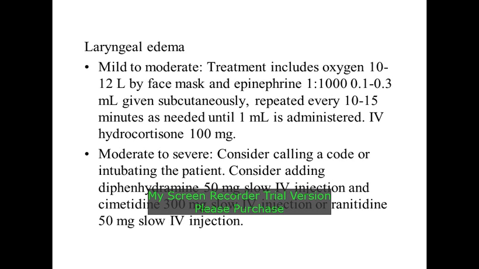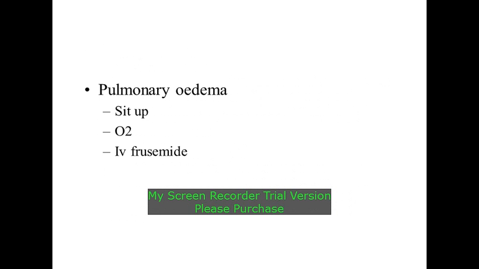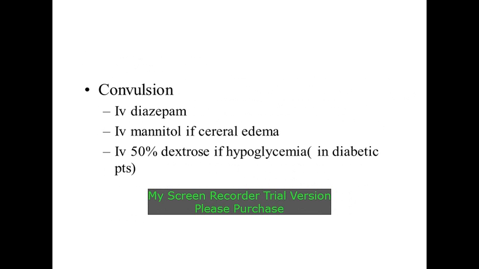Moderate to severe: consider calling a code or intubating the patient. Consider adding diphenhydramine 50 mg slow IV injection and cimetidine 300 mg slow IV injection or ranitidine 50 mg slow IV injection. Pulmonary edema: oxygen and IV furosemide.